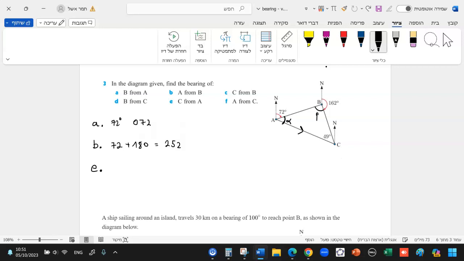So what is this angle? This is beta. Notice that here this angle is equal to 180 minus 72. This is 108.